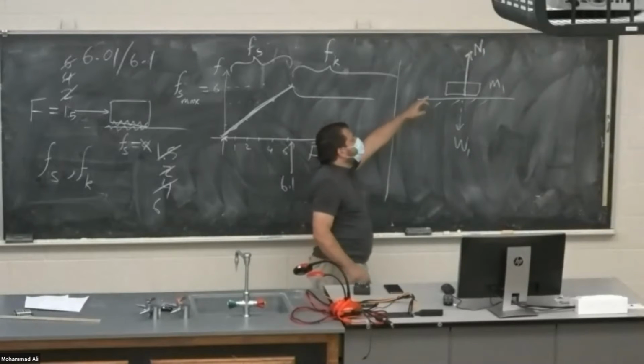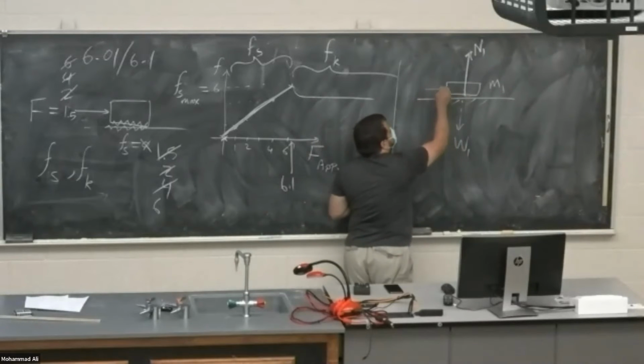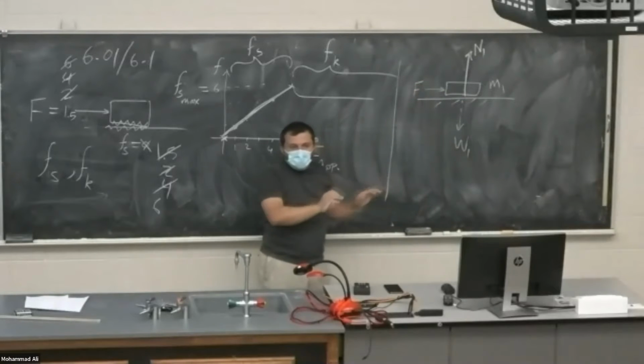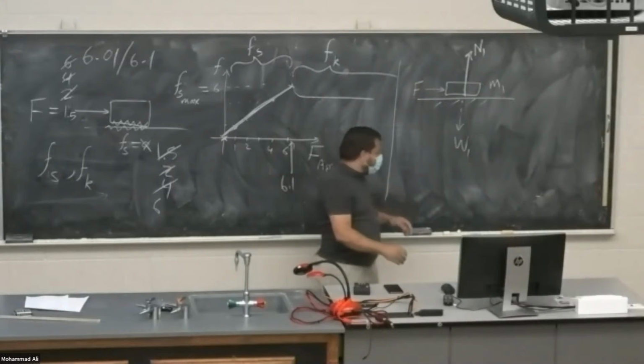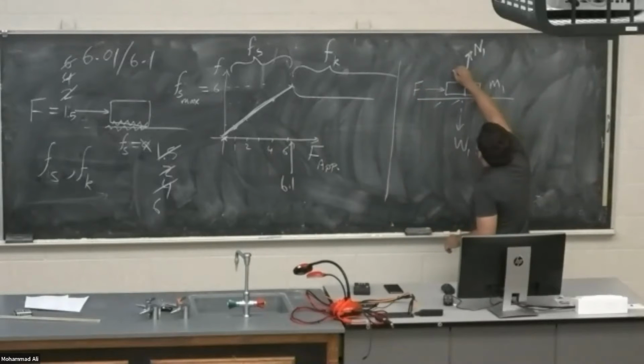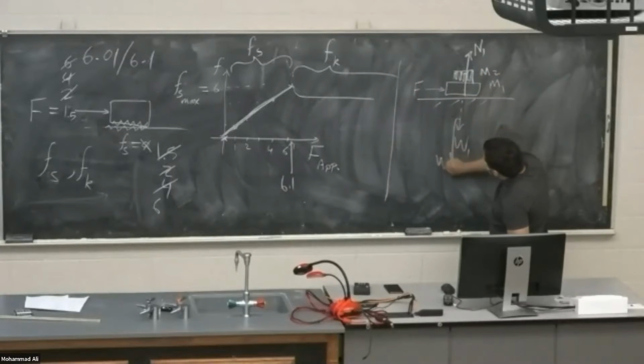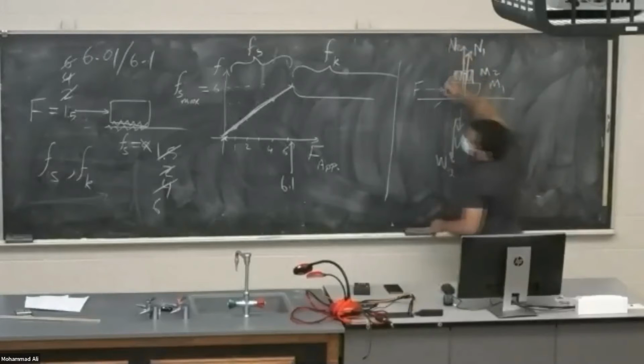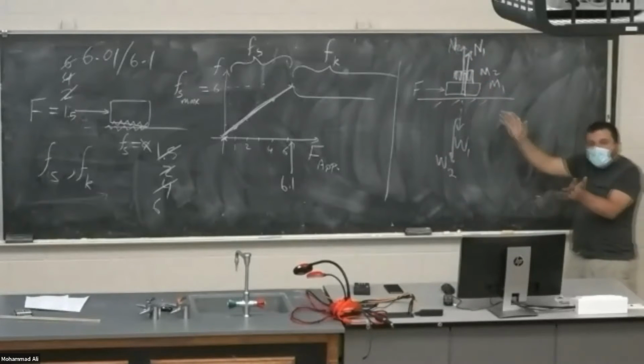If I need to push this mass, I need a force to start moving. What if I put another mass on the top of it? So I have also M2, another W2, and also another N2. They are bigger than before.